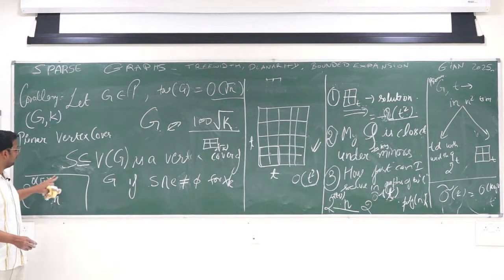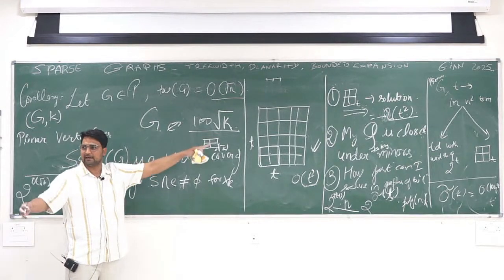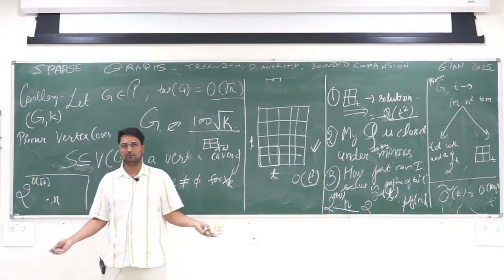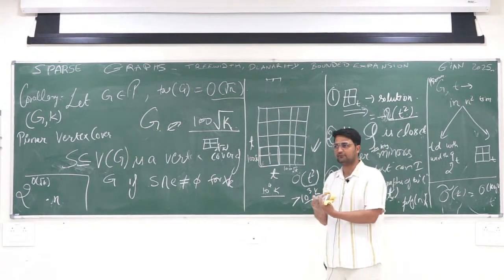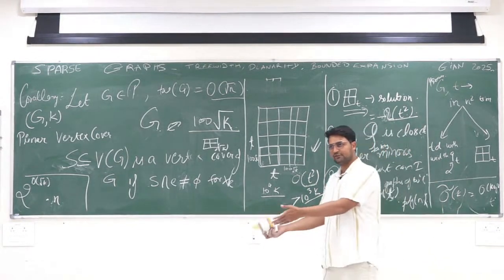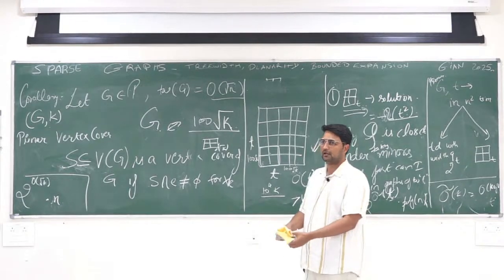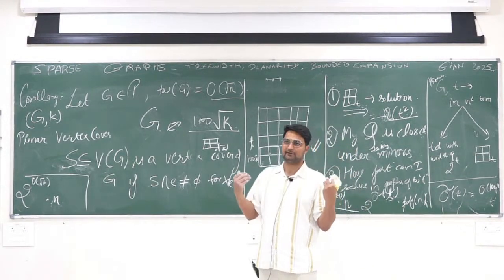And if this does not happen, I get such a grid as a minor, and I immediately say no, because the vertex cover would be much larger. So the answer to my question is directly no, it does not admit a vertex cover of size k. So it's a win situation. I know the answer immediately. And the other win situation is I get a small treewidth, which I know how to handle.